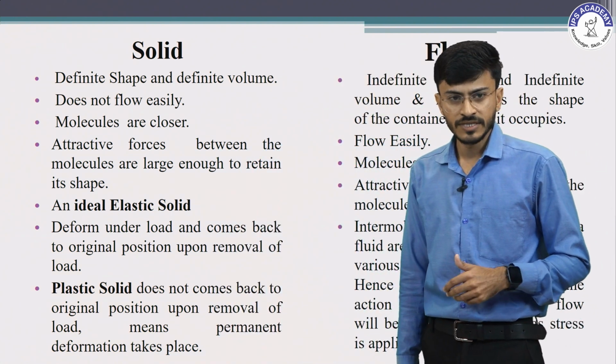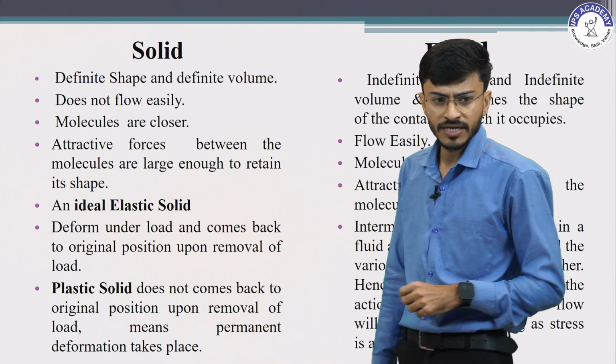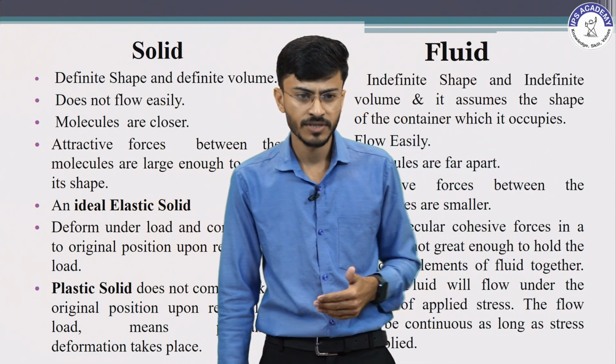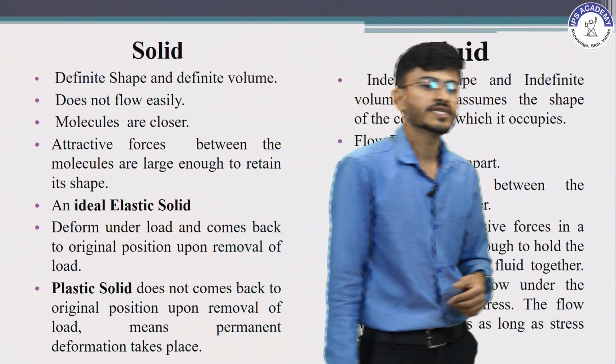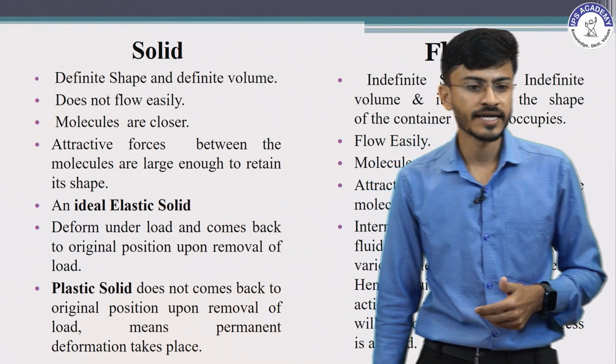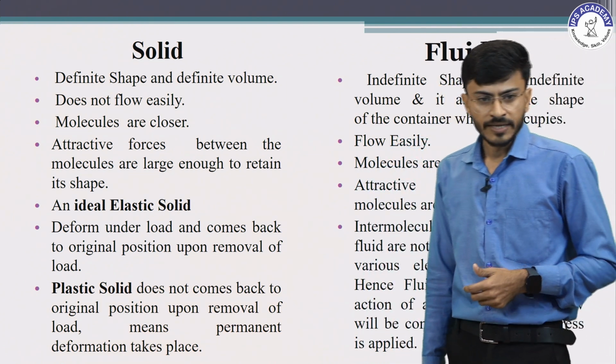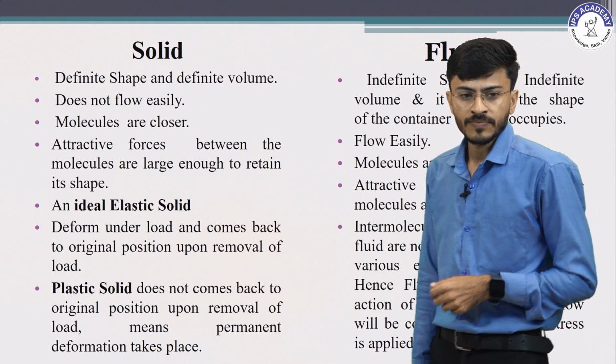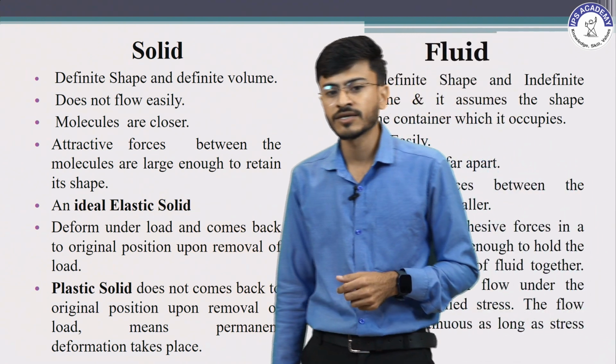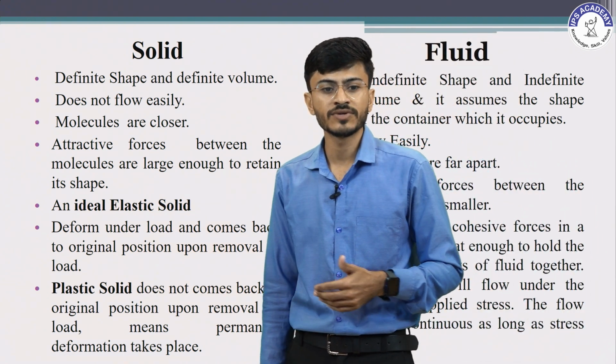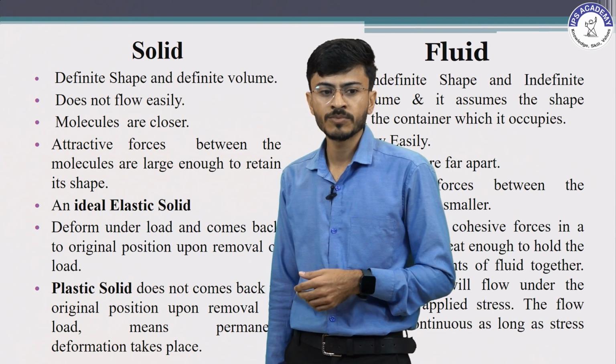If we further classify solids, there are two types: the ideal elastic solid and the plastic solid. Ideal elastic solids deform under the load and come back to their original position upon removal of the load.